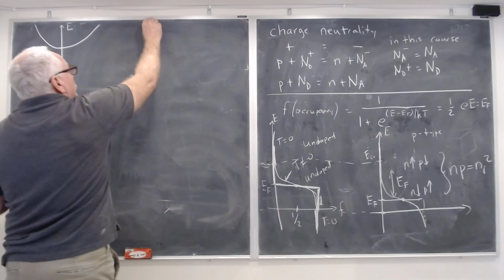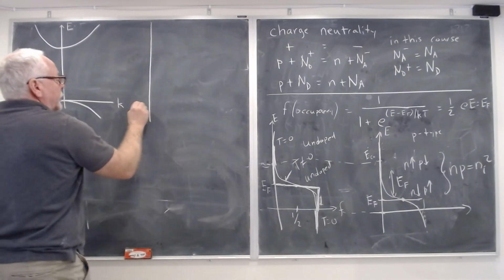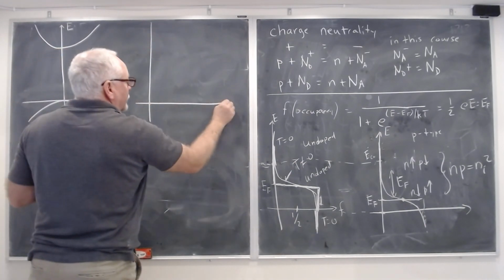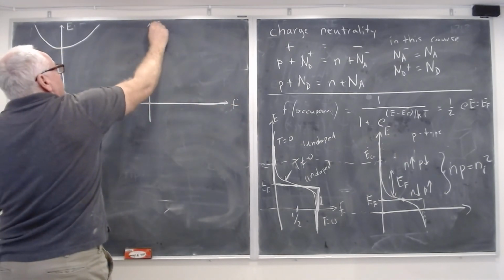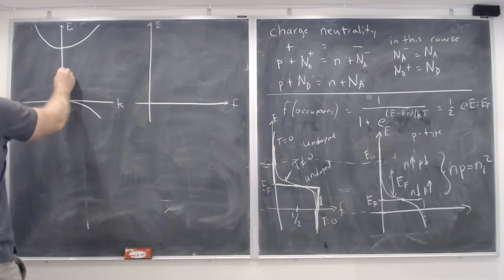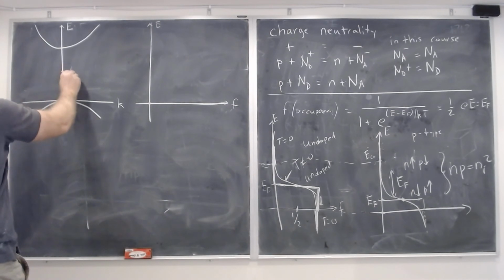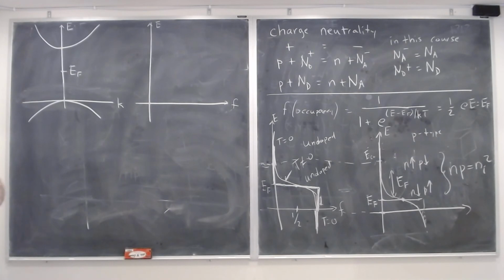And let's draw the Fermi-Dirac function. And let's put EF in the middle, meaning undoped case.